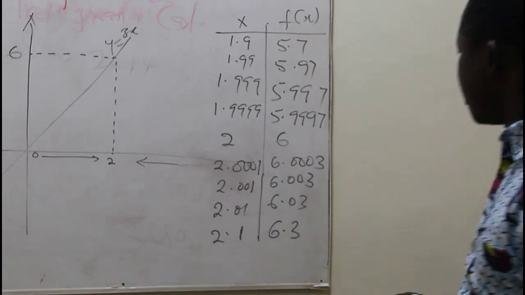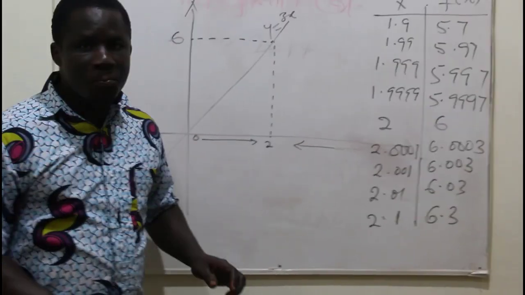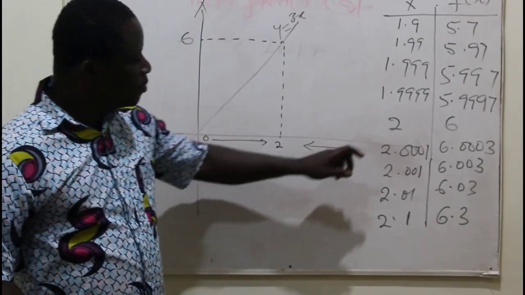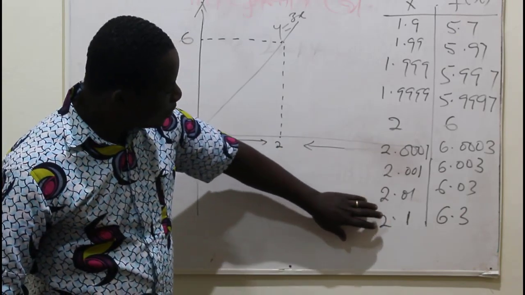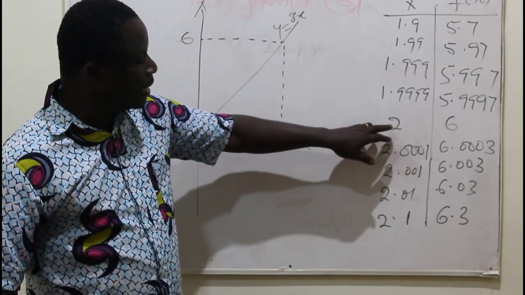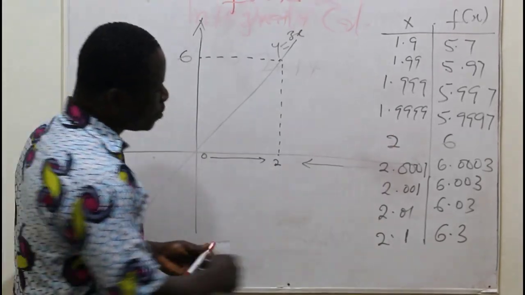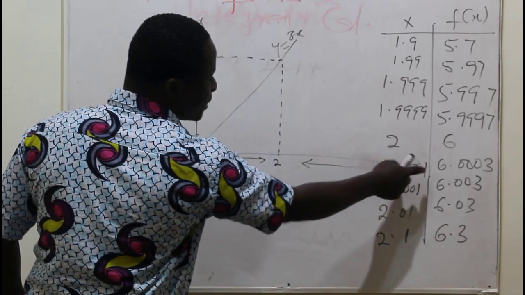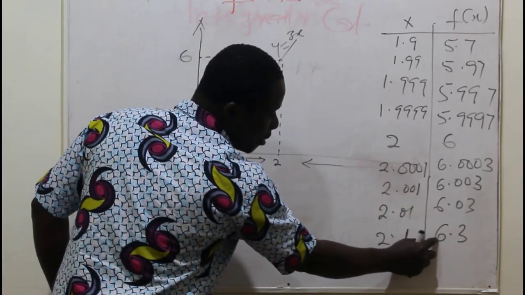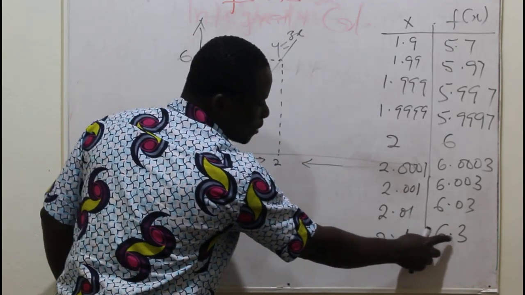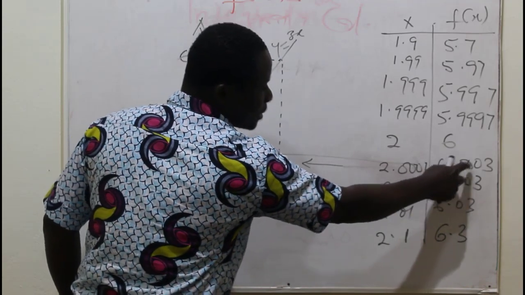So when you check closely, as you approach 2 from values greater than 2, from 2.1 towards 2, as values reduce towards 2, the functional value also begins to reduce from 6.3 to 6.03 towards 6.003.